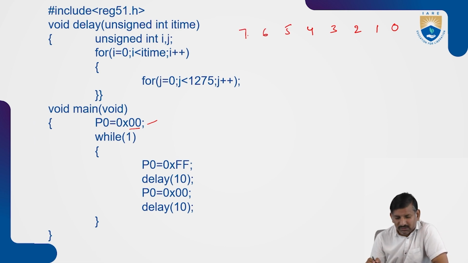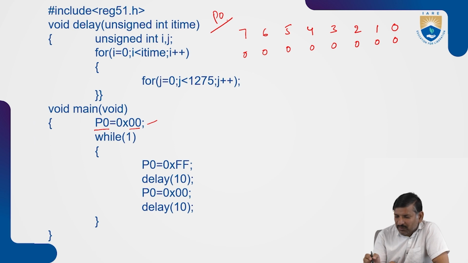Total 8 LEDs. I am taking port 0. Initially, all LEDs will be in off condition. Off means the binary value we are giving to that LED is 0. The corresponding hexadecimal value is 0, 0. So I am giving 0x00 here.